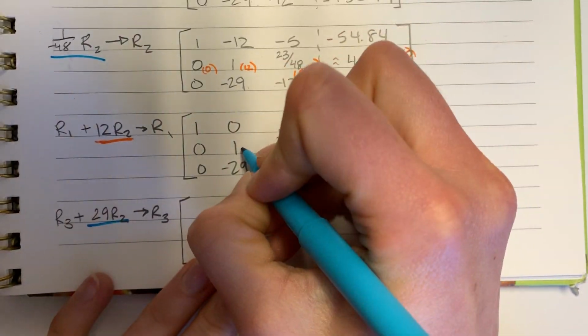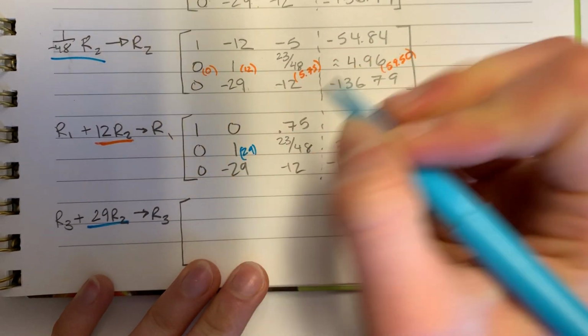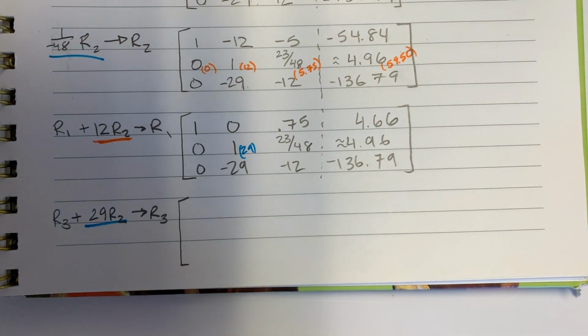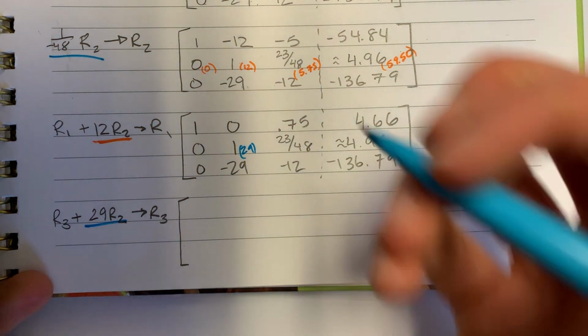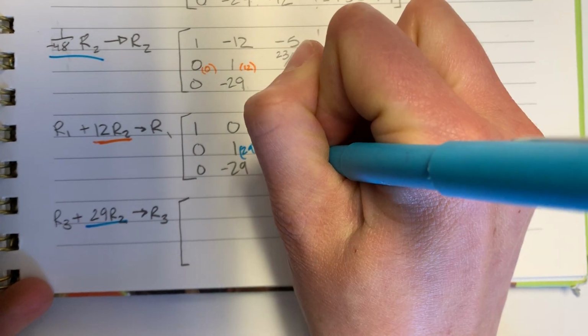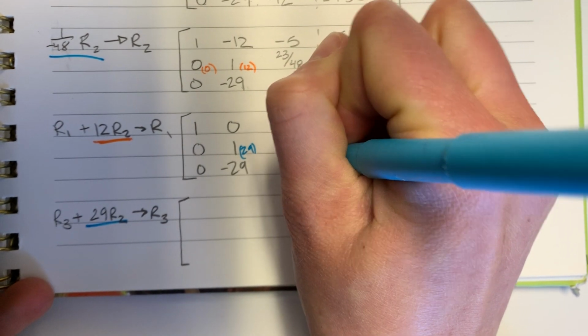So I'm multiplying this guy by 29, and then 23 over 48 times 29 is an awful number. I'm just going to write the decimal. That is 13.90.